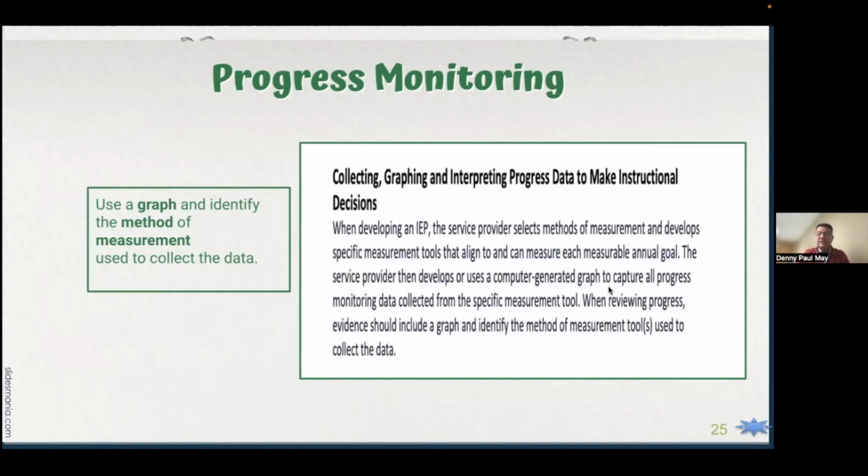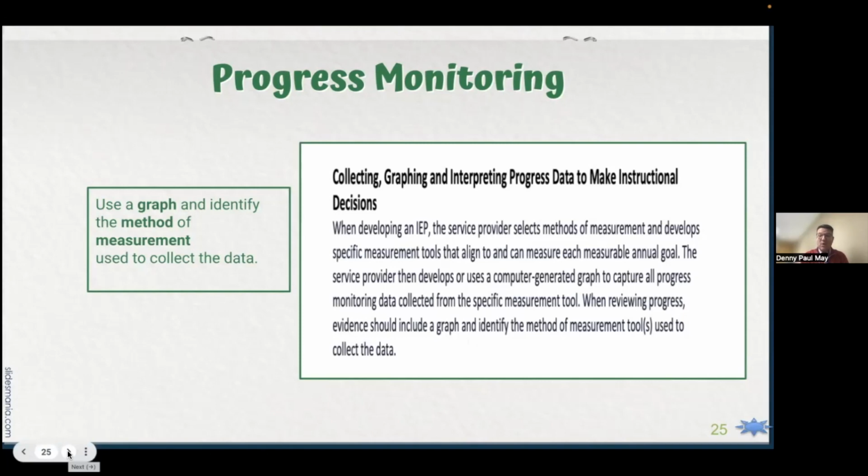Okay. And so when reviewing progress, evidence should include a graph and identify the method of measurement or the tool used to collect the data. Pretty simple stuff we've already talked about, and we've shown you examples. So we want to go back and say, you know what? In the old days, we used to send a progress report home, and we had a checkbox, and the student is making progress.